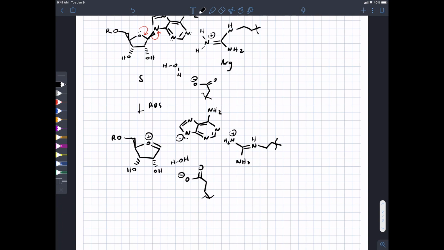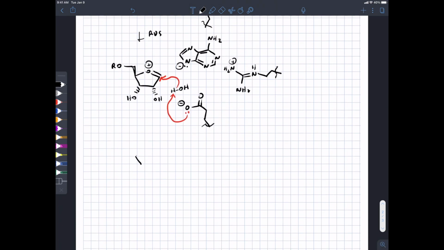Probably in a fast step after that, and I'm not sure what the slow step is or not, you have concerted general base type catalysis of that glutamate side chain, removing the proton from water, and then water attacking there, and the products that ultimately leave the enzyme are two different products now.